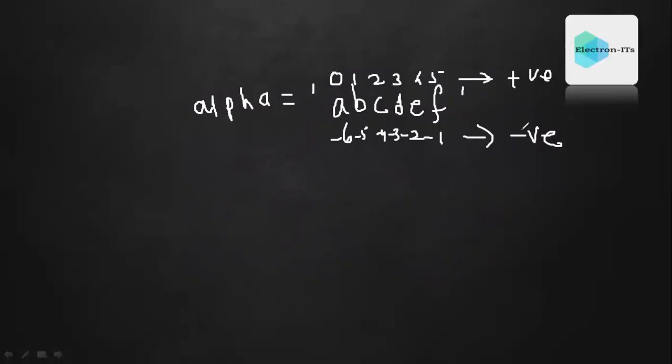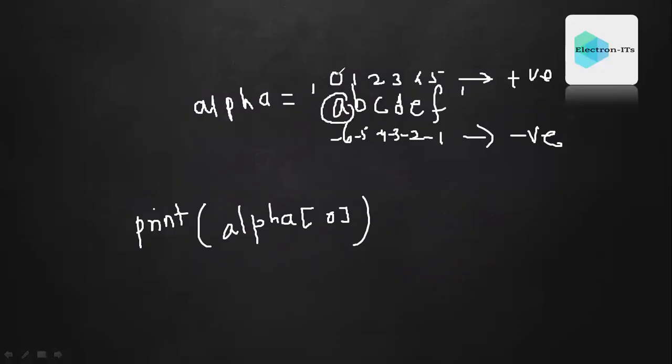So if I use print alpha of 0, it will give me a letter, because for 0 it is a, so the output here will be a.